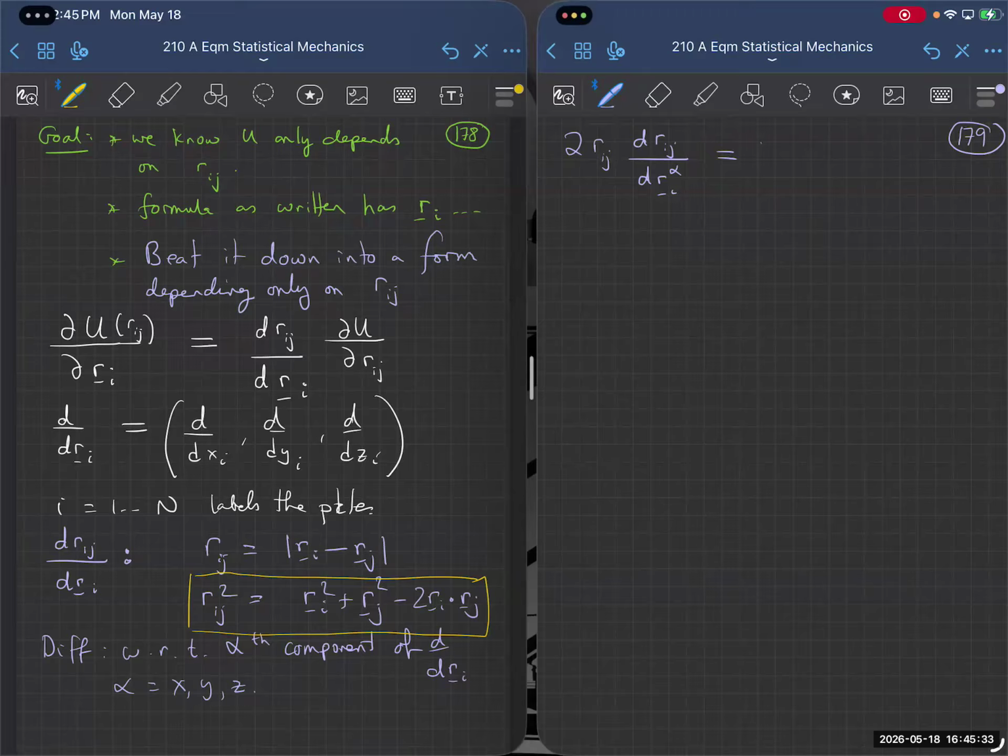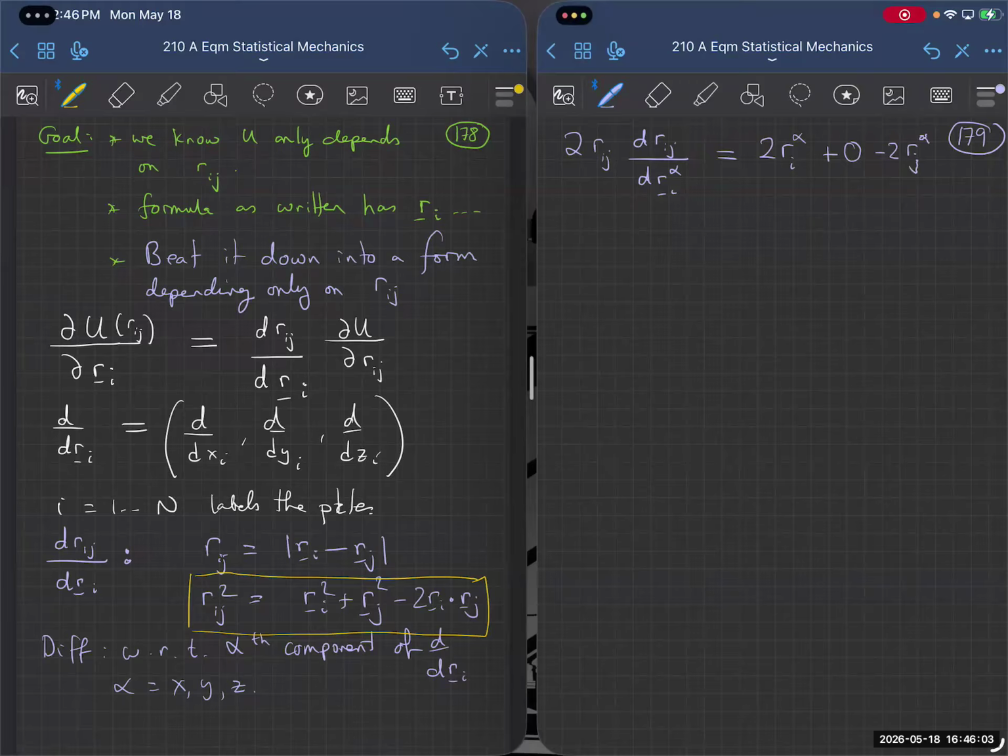So what I'm going to get over here is 2Ri alpha. Then there's the term Rj squared. That term is going to give me nothing because Rj doesn't depend on Ri. And then I'm going to get the last term, 2Ri dot Rj. So I take the dot product and then differentiate with respect to the component of Ri. And so what I'm going to get there is minus 2 Rj alpha.